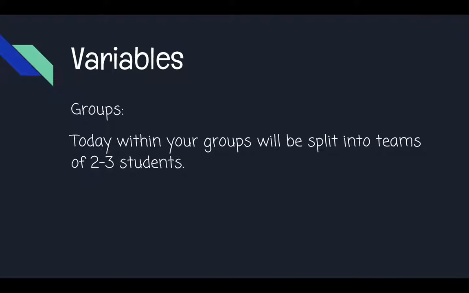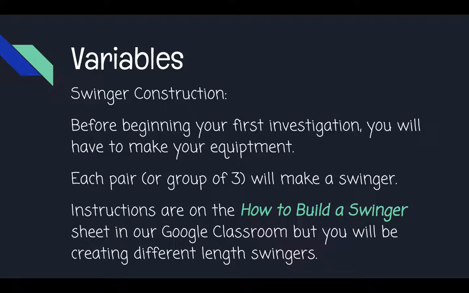Okay, today in variables, you will be split into teams of 2 or 3 students. I split those up for you, so those are the groups that you'll be getting in. I will have it posted for you during science. And today you will be creating different swingers. Before beginning, you'll have to make your swinger. Each pair or group of 3 will make 1 swinger.